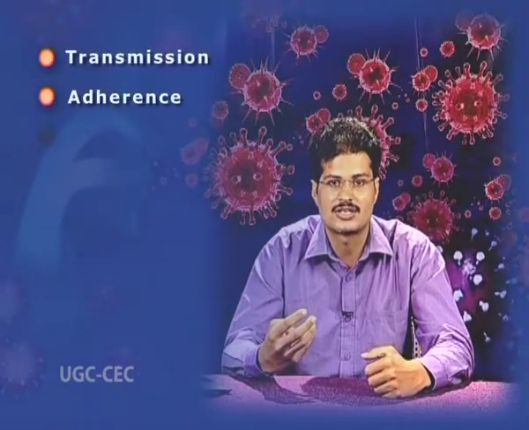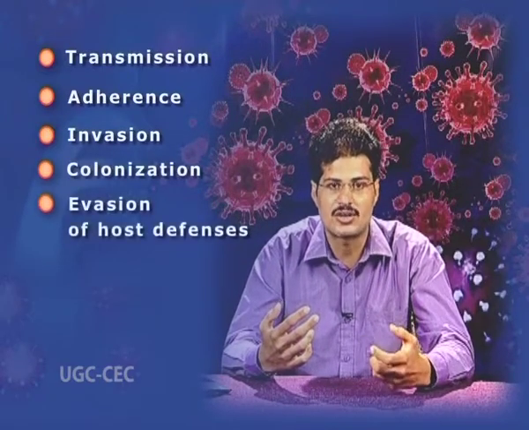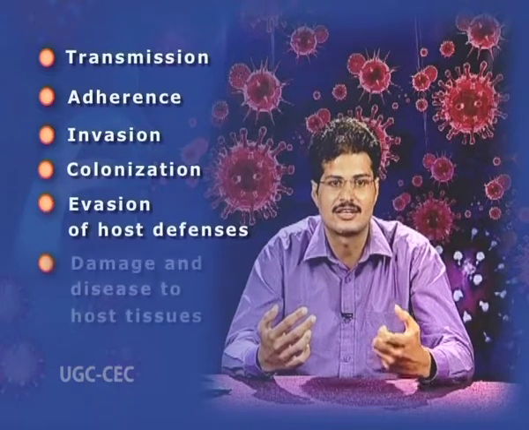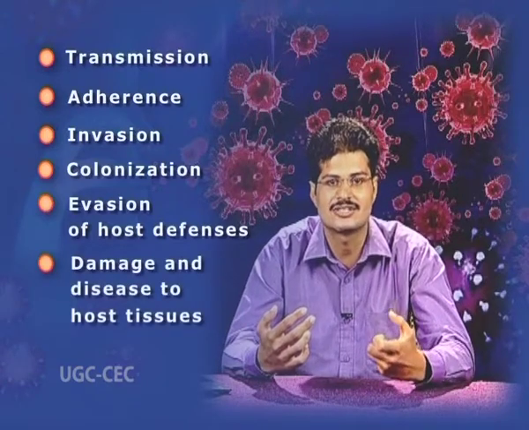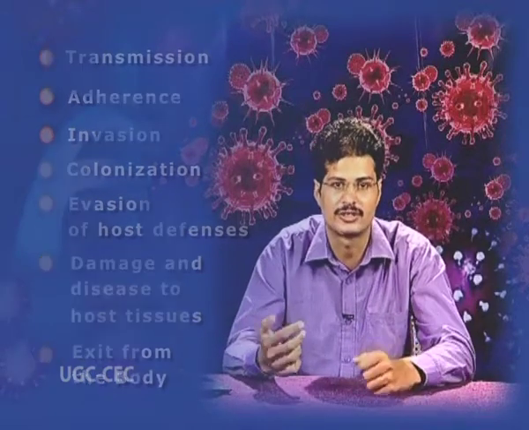Coming to the mechanisms of pathogenesis, it is the method by which a disease can develop. The mechanism is explained in the following steps: transmission, adherence, invasion, colonization, evasion of host defenses, damage and disease to host tissues, and finally exit from the body.